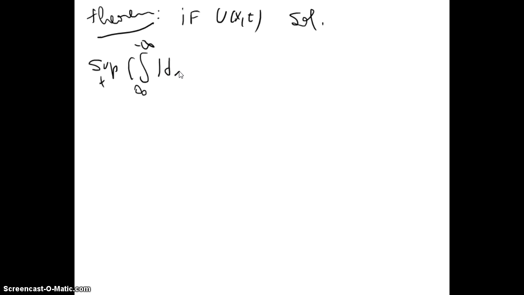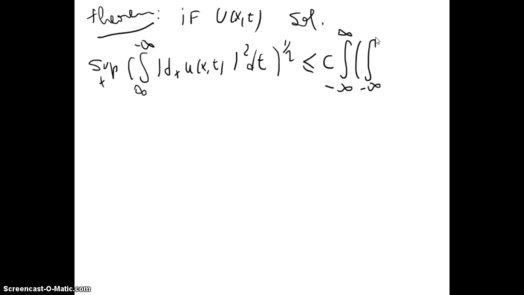If u(x,t) is a solution of the inhomogeneous case, then it satisfies the supremum over x of the integral from minus infinity to infinity of |D_x^{1/2} u(x,t)|² dt, to the 1/2, is less than or equal to c times the integral of |F(x,t)|² dt, to the 1/2, in dx. This is the case for n equal to 1.